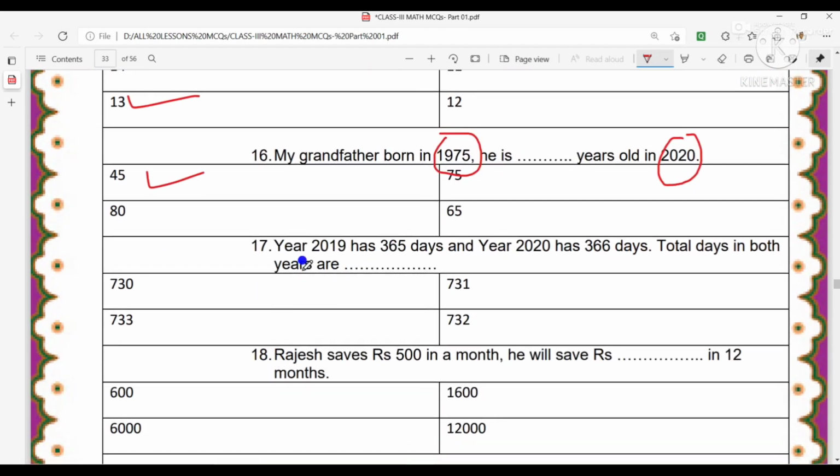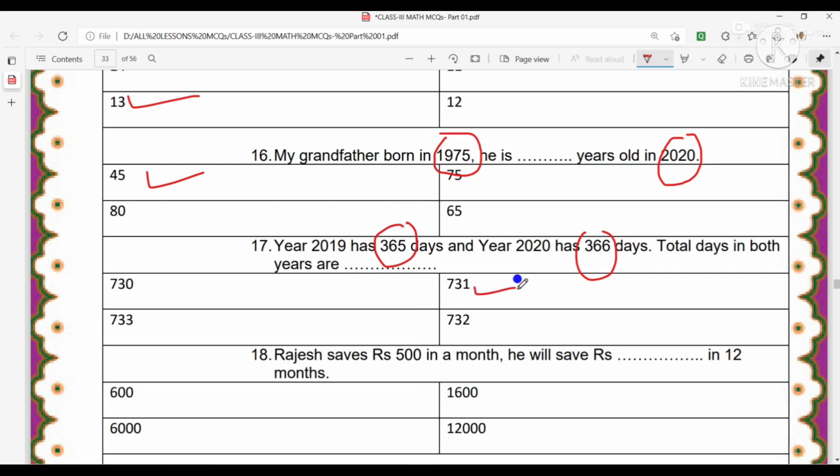Then year 2019 has 365 days and year 2020 has 366 days, because 2019 is a normal year and 2020 is a leap year. Total days in both years are 365 plus 366. You will get 731, right?